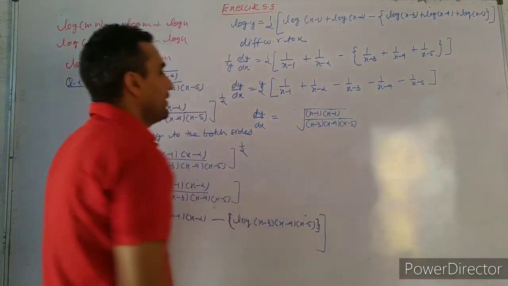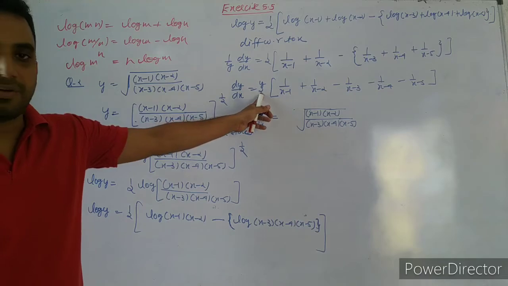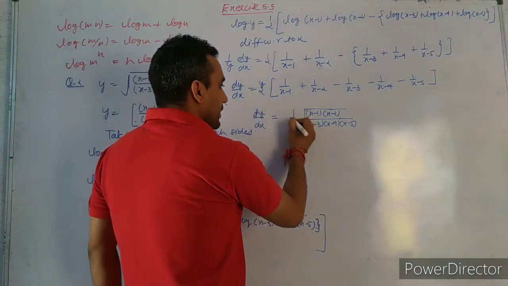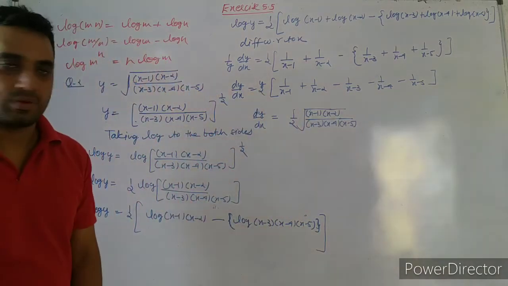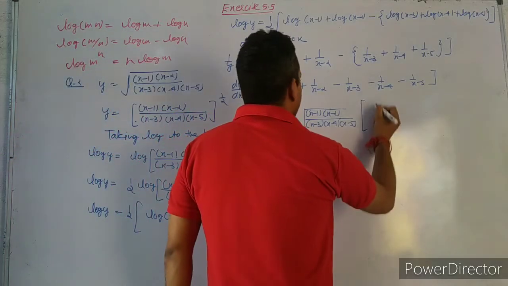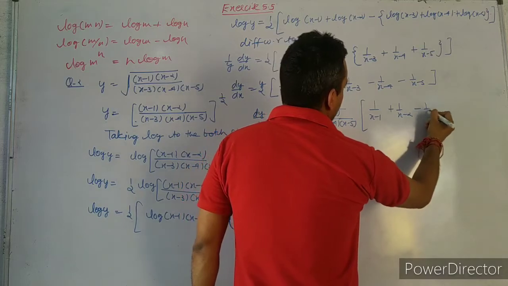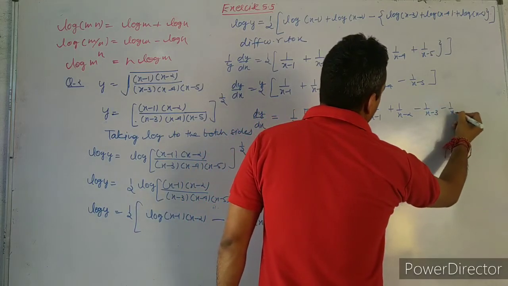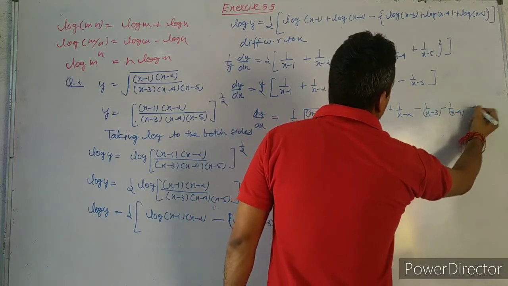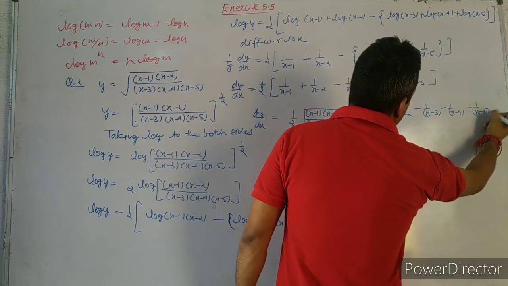I have substituted the value of y and it is further divided by 2, so I am going to write this 1 by 2 here. And inside the bracket I will have 1 upon x minus 1, plus 1 upon x minus 2, minus 1 upon x minus 3, minus 1 upon x minus 4, minus 1 upon x minus 5.